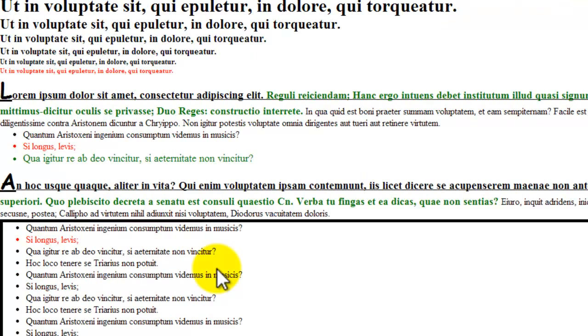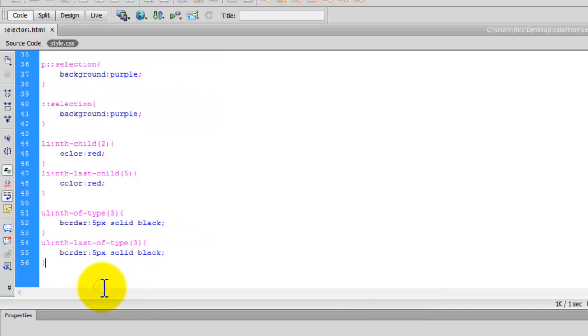Now let's have another CSS selector. ul li:nth-child odd.